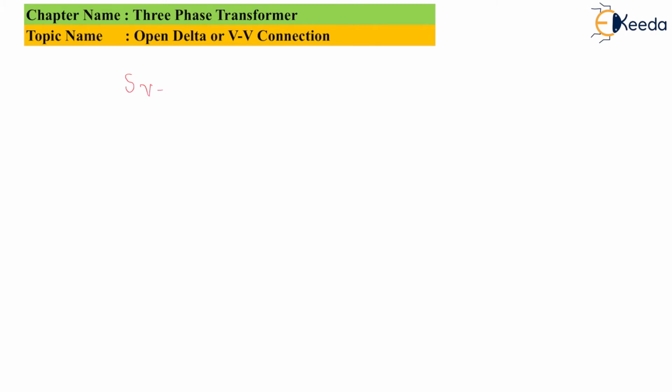So we can write S open delta connection is equal to 1 by root 3 times S delta delta connection, or we can also call it 57.7% of the kVA rating in the delta delta connection.